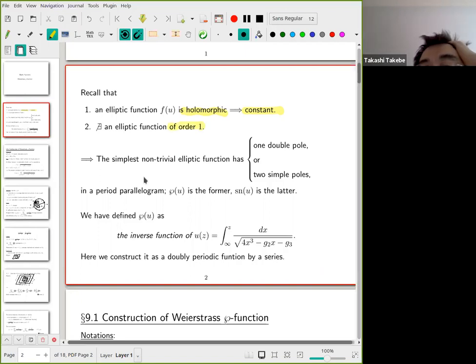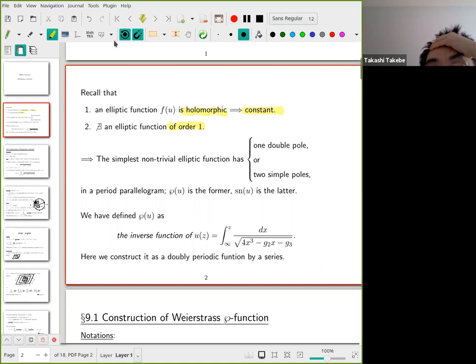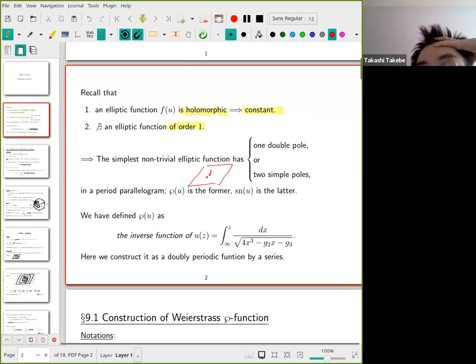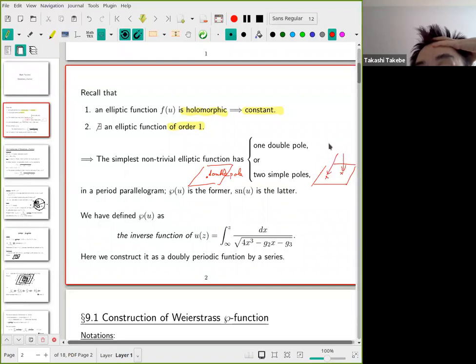So the simplest non-trivial elliptic function is of order 2, which means that in this period parallelogram there is one double pole, or there are two simple poles.